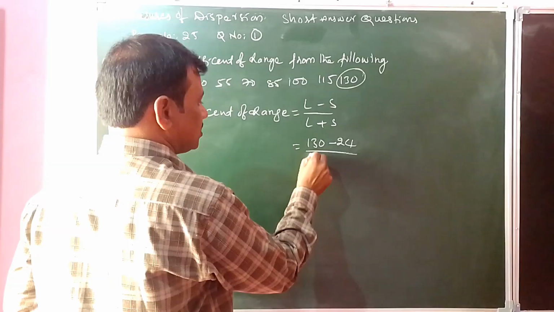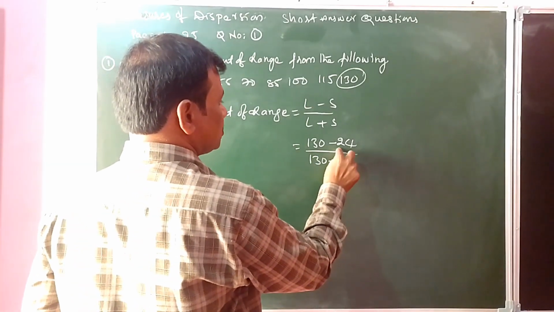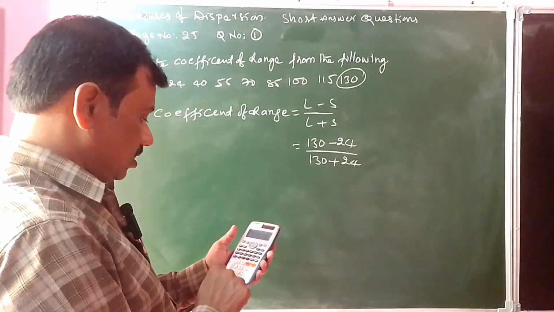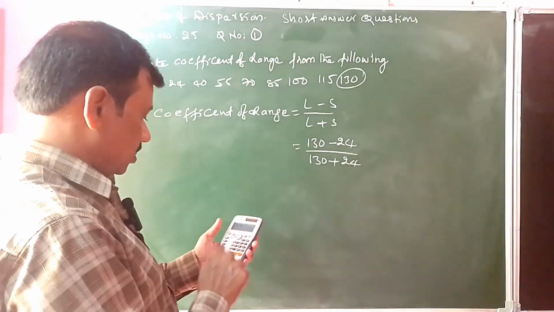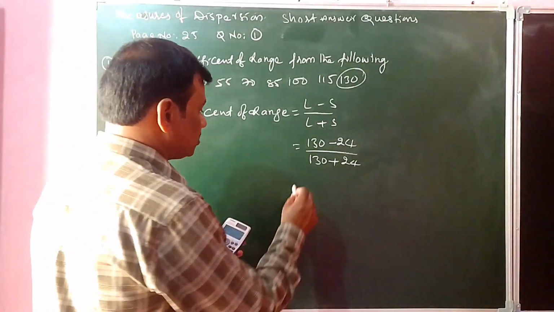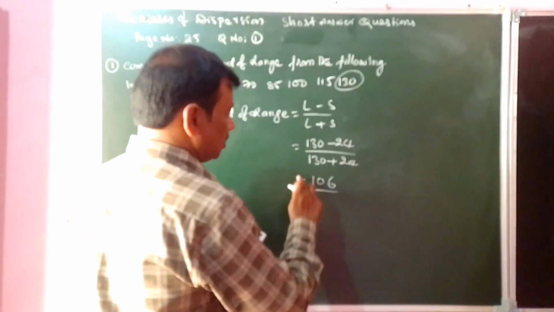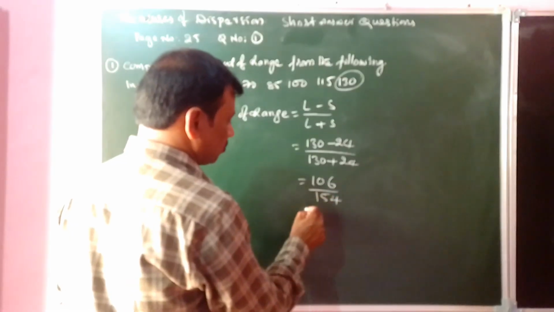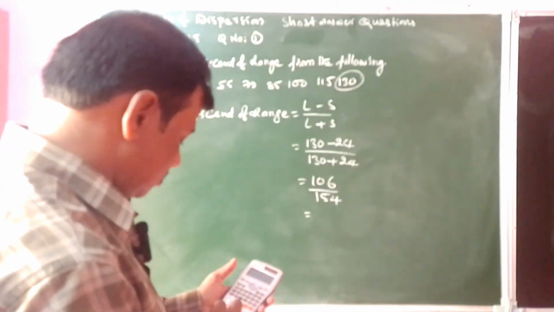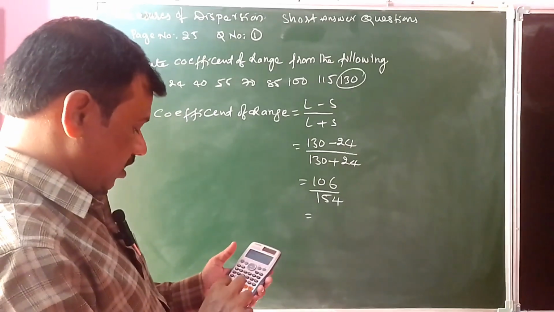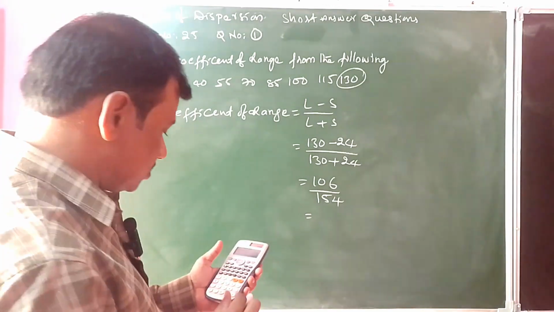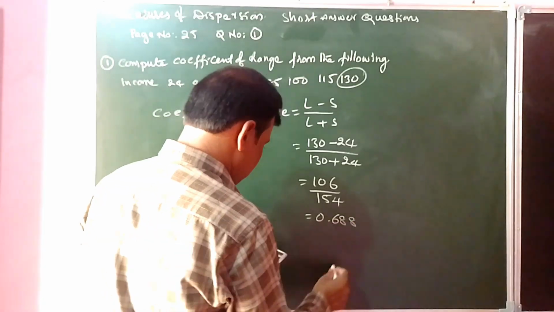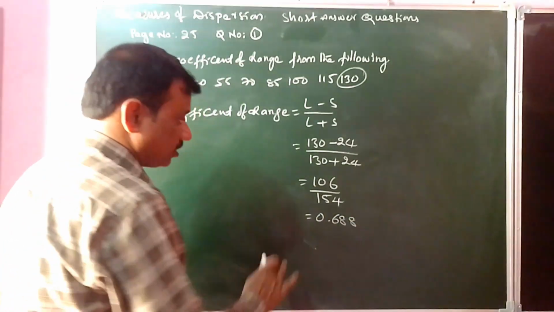So 130 minus 24 is 106, divided by 130 plus 24, which is 154. So 106 divided by 154 is 0.688. That is the answer.